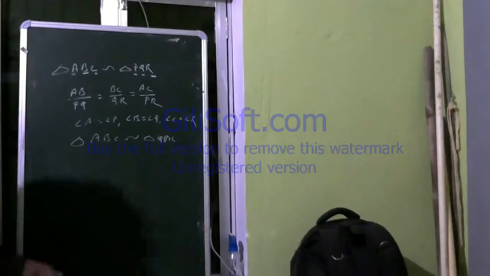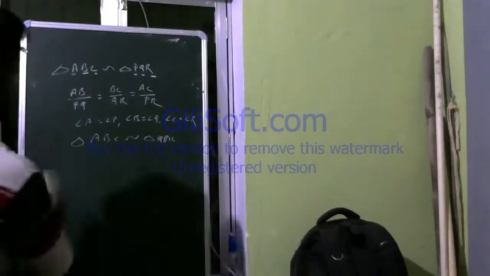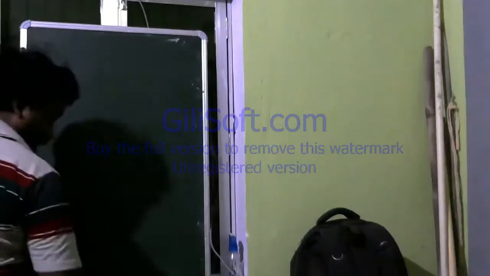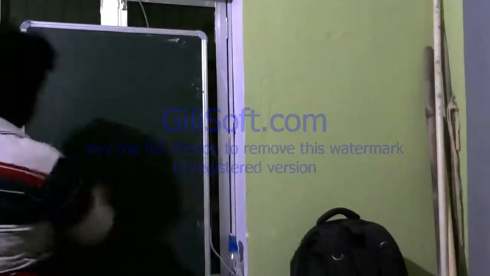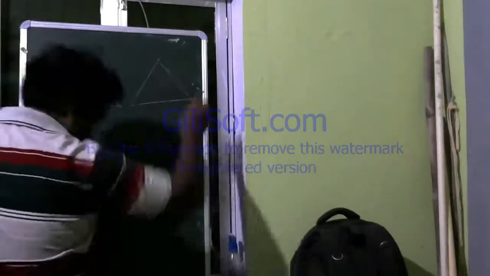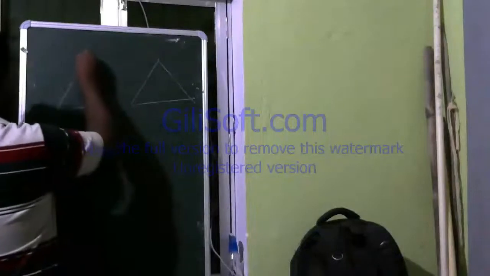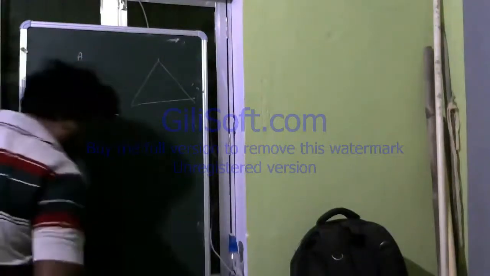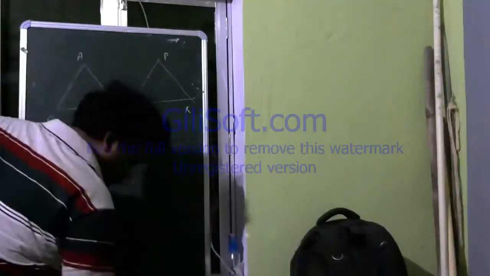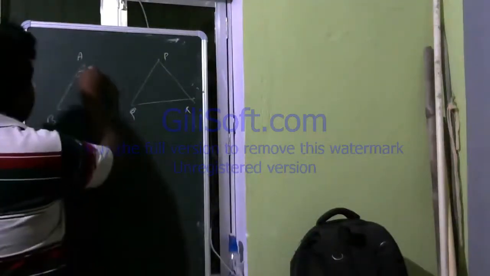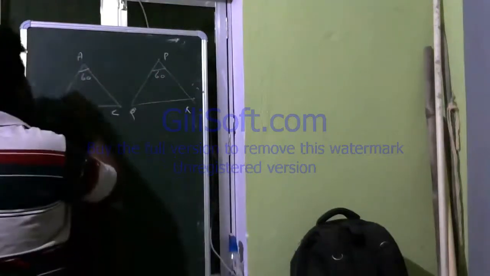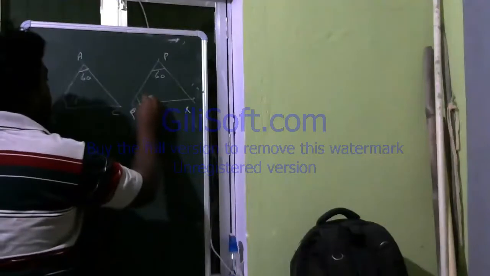If your sequence will be changed. Okay, now this is a very easy question and you can solve. Look here in the first figure, it is given two triangles in such a way. This is A, this is B, this is C, and this is P, Q, R. Look here, this angle is equal to 60 degree, this is 60 degree, 80, this is 80.